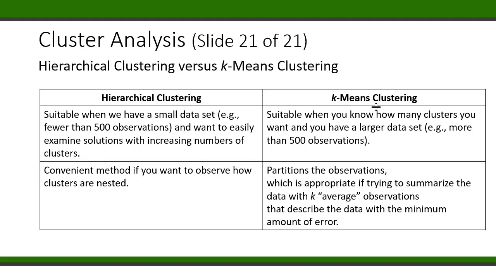So k-means clustering then is when you have larger data sets, more than 500 observations. And it's also a good technique when you're trying to summarize the data with k-average observations. So when you're trying to minimize, maybe, the amount of data that you have.